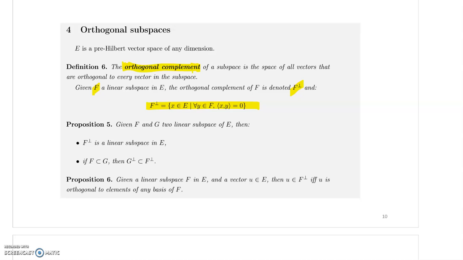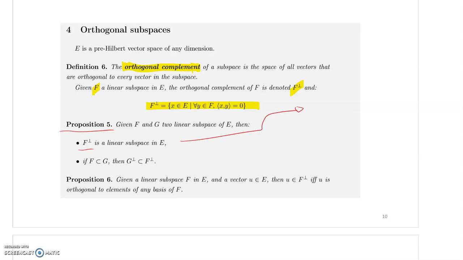Very naturally, we get the following propositions. Given F and G two linear subspaces of E, first of all, the orthogonal complement is a linear subspace. That is pretty easy to show. Let's prove this first one.